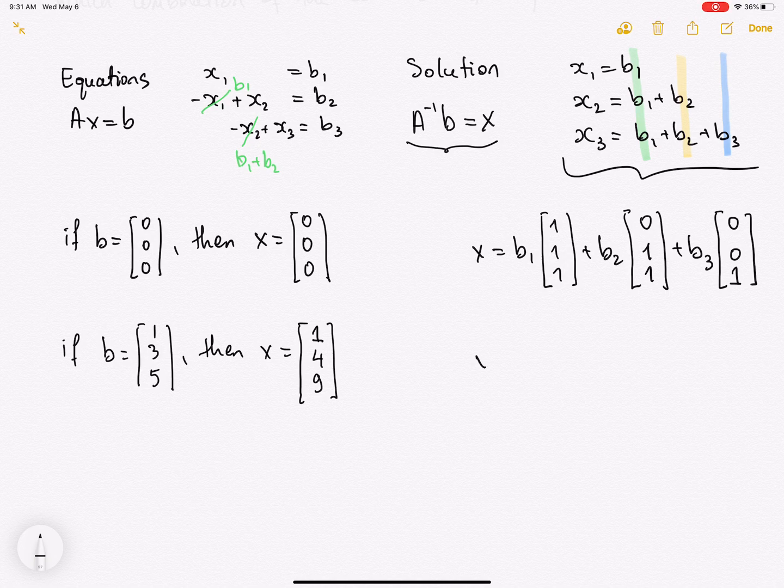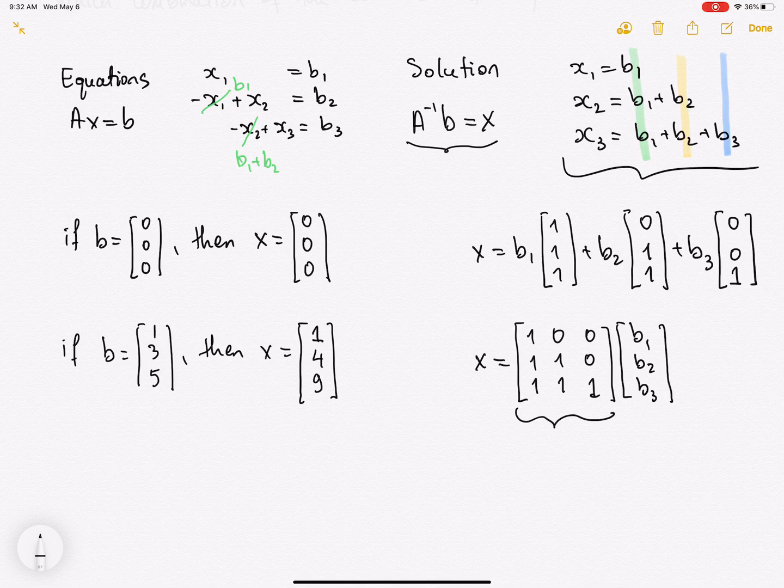So we have x equals the matrix 1, 1, 1, 0, 1, 1, 0, 0, 1 times the vector b1, b2, b3. Then this matrix is A inverse.